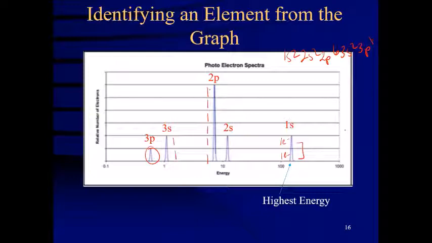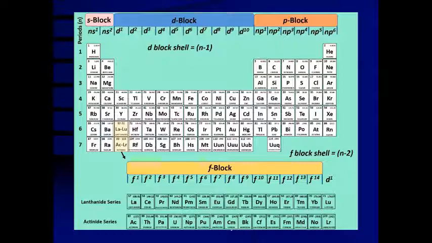Then I look at my periodic table, 3p1, which element am I talking about? Yes, 3p1 here, looking at aluminum, that's 3p1.